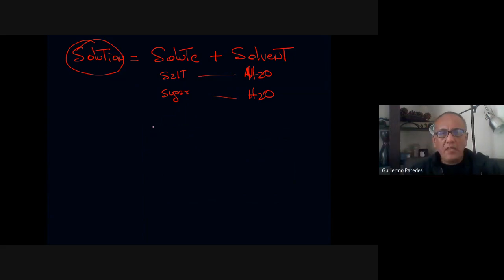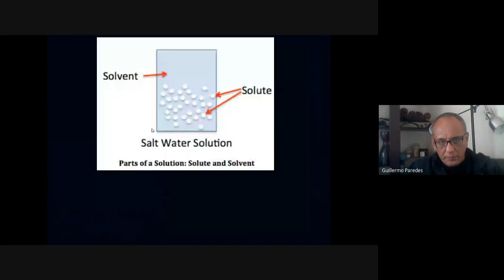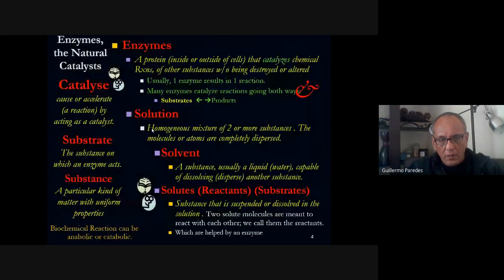But these solutions are going to have some reaction. So what I mean is that you have, for example, a substrate A plus another.